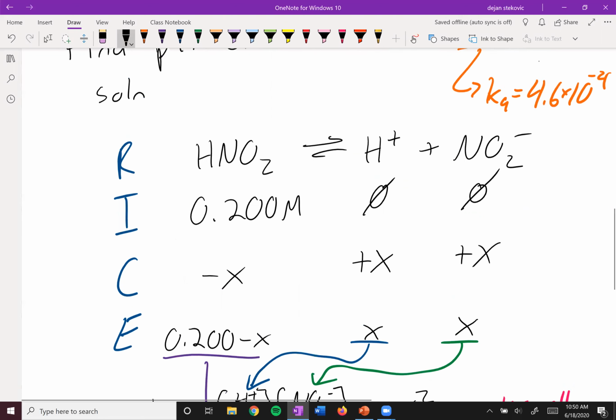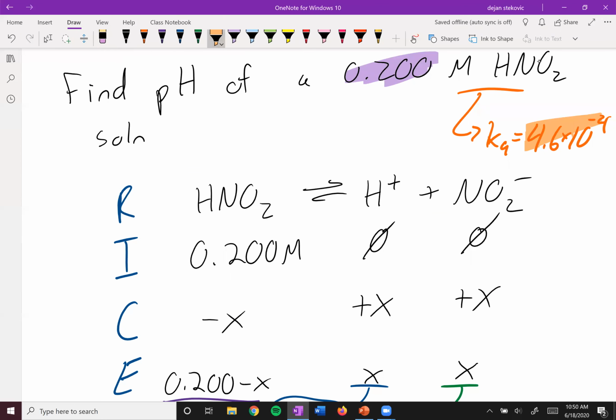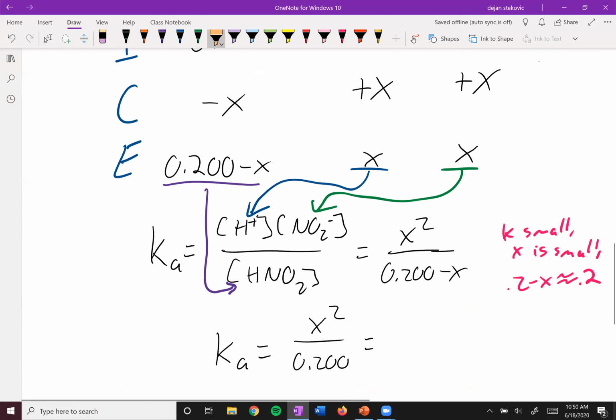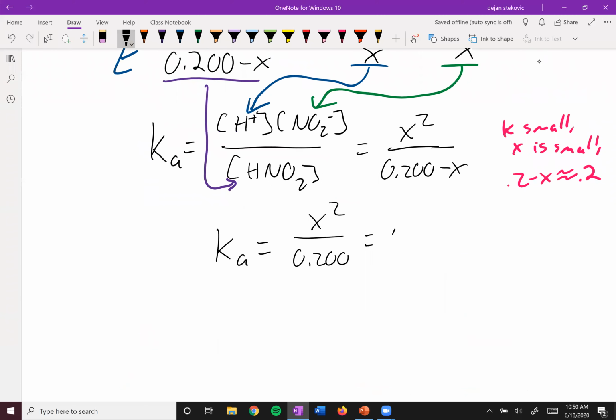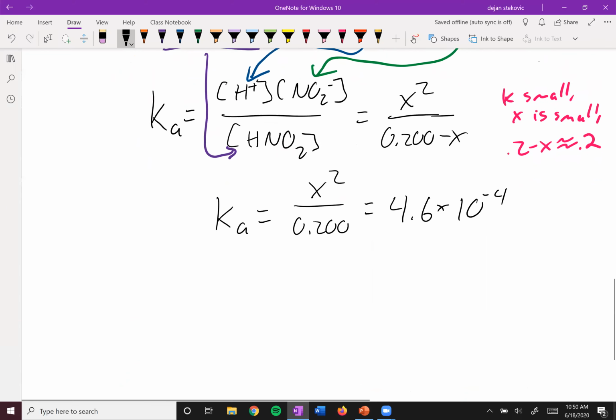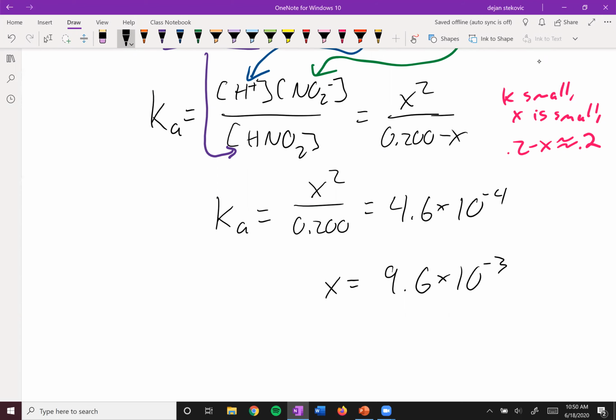And then we also know that our Ka is 4.6 times 10 to the negative 4, so we can plug that in there. And then we simply want to solve for X. So you're going to multiply both sides by 0.2 and then take the square root. And so when you do that, you should end up with 9.6 times 10 to the negative 3.